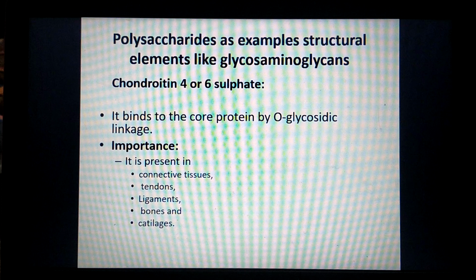So by this O-glycosidic linkage, this chondroitin sulfate and protein bind to form a glycoprotein. Now another importance of the glycosaminoglycan chondroitin 4 or 6 sulfate is that it is present in connective tissue, tendons, and ligaments. Ligaments are the tissue which joins the two bones at a joint. Chondroitin sulfate is also found in bones and cartilages.